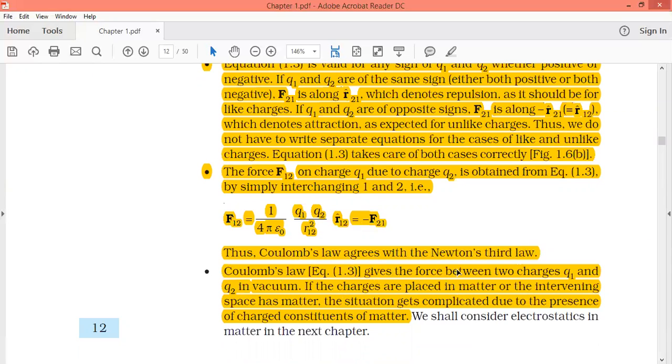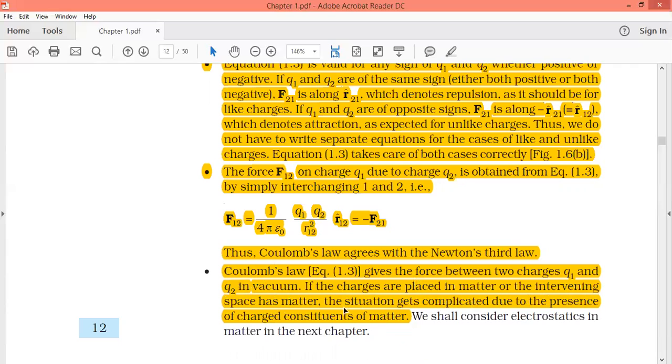Coulomb's law gives the force between two charges Q1 and Q2 in vacuum only. If the charges are placed in matter, or the intervening space has matter, the situation gets complicated due to the presence of charged constituents of the matter.